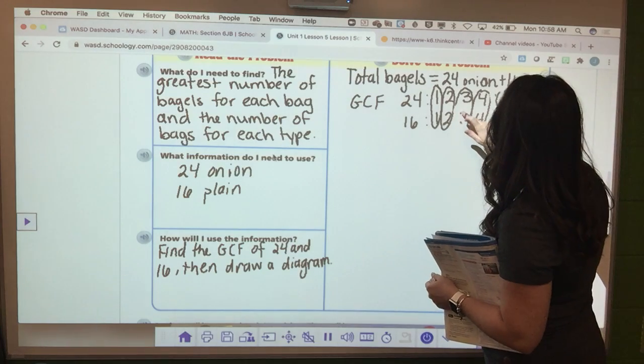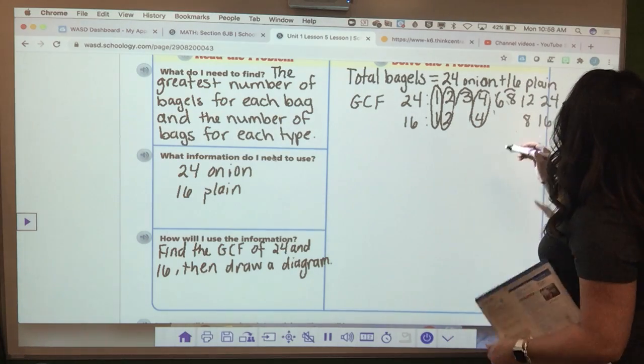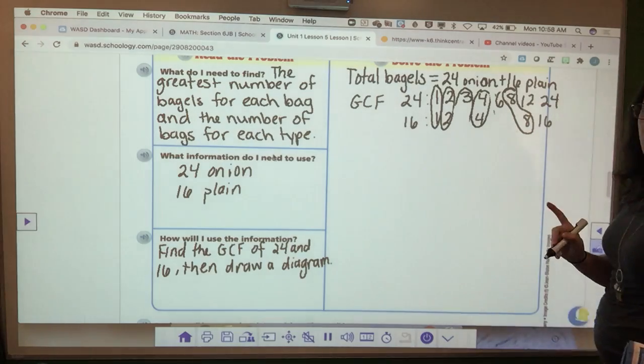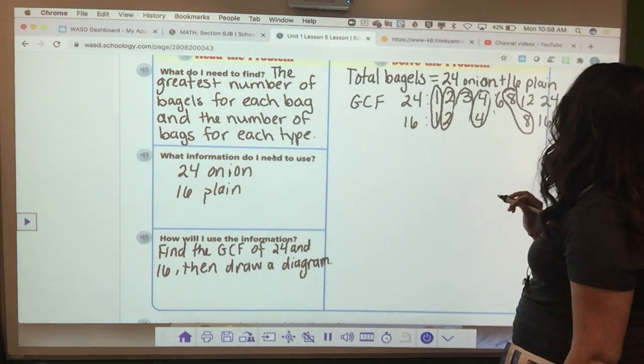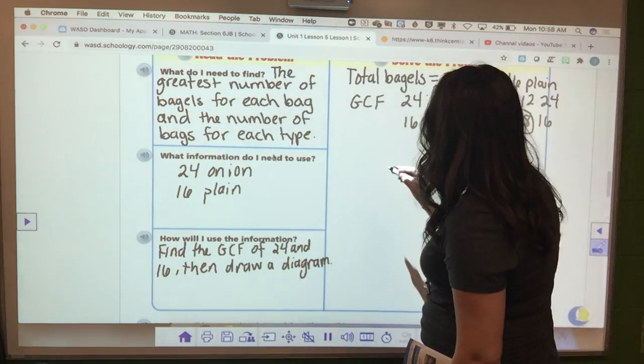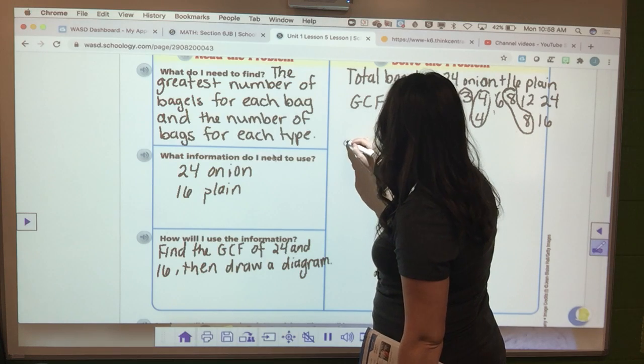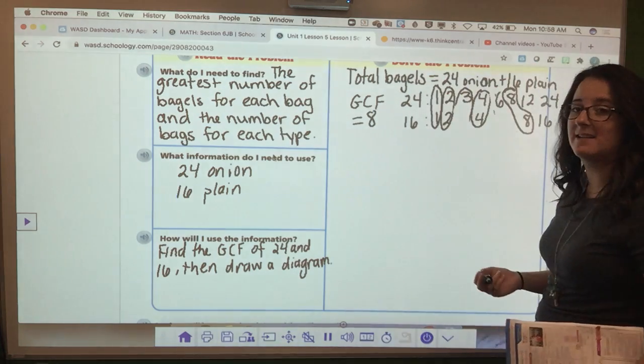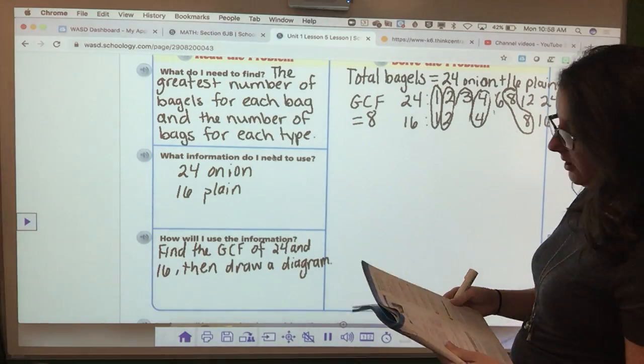Why did I say that? I'm sorry, guys. So no 6, but we do have 8. If you caught that, thank you. So we have 8 as our greatest common factor. So GCF is 8. Now that is very important to remember.